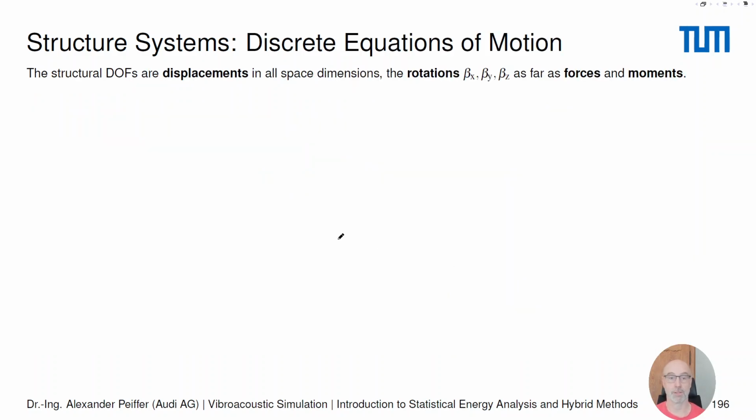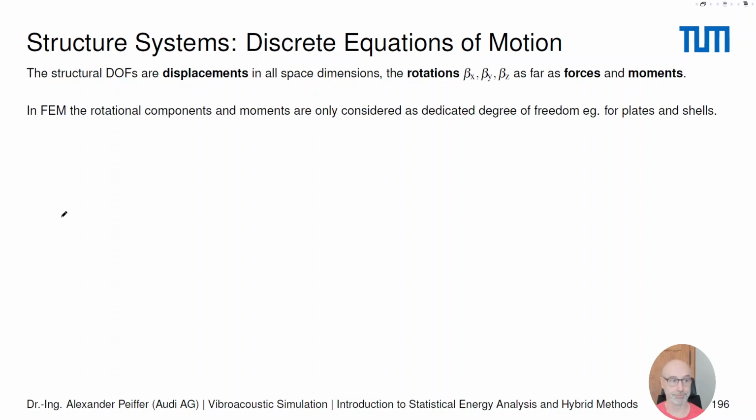Good. So what are the degrees of freedom? When we come to structural systems, we talk about displacements. These are the displacements in all space dimensions, but also the rotations, and forces, and logically, as we are talking about rotations, also moments. In classical finite element models, rotational components are only considered if they are a really dedicated degree of freedom.